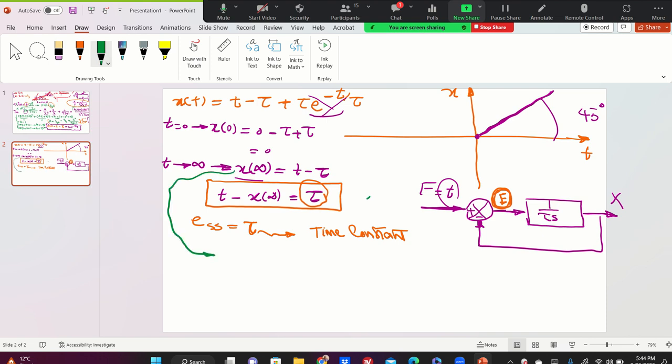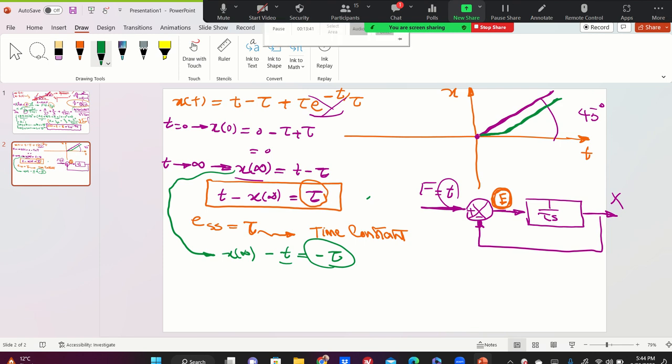It says x at infinity minus t, or the input to the system, is minus tau. Means x is tau lower than that. So you're going to have this. There comes a transient response and then a constant line. Here is a constant line. Here's a transient response. See? As the mathematics shows here.